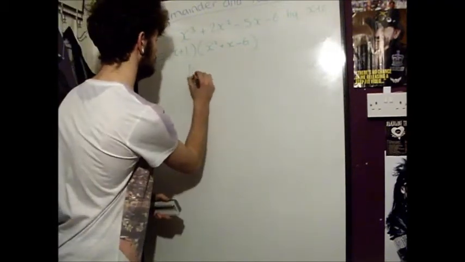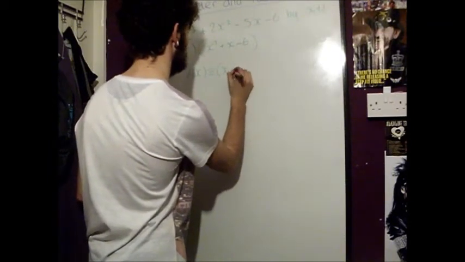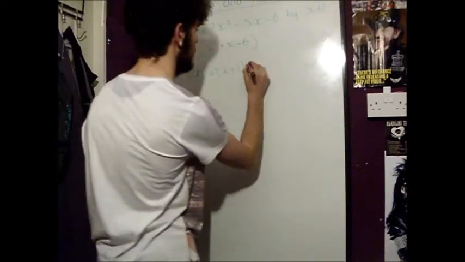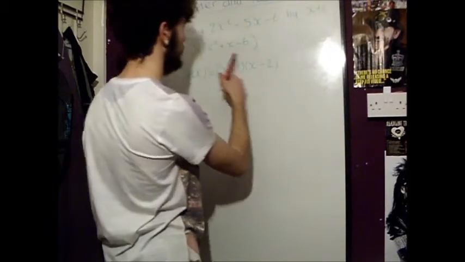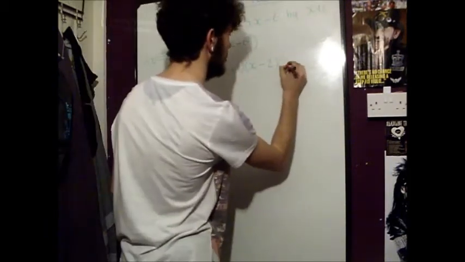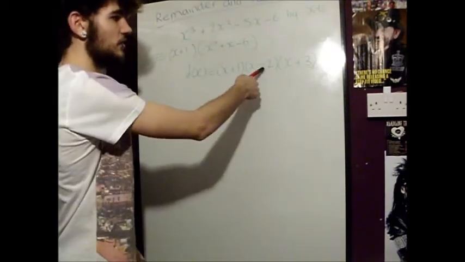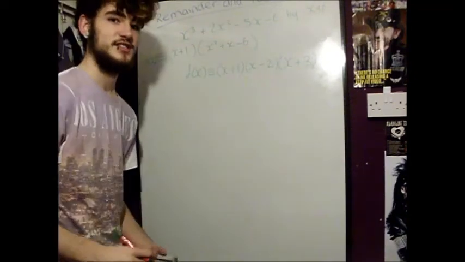So f of x is going to equal x plus 1. Then we factorise this, so it's going to be x minus 2, because we want a positive value for the middle x, we want a positive 1. So x plus 3, because 3 minus 2 is 1, and minus 2 times 3 is minus 6.